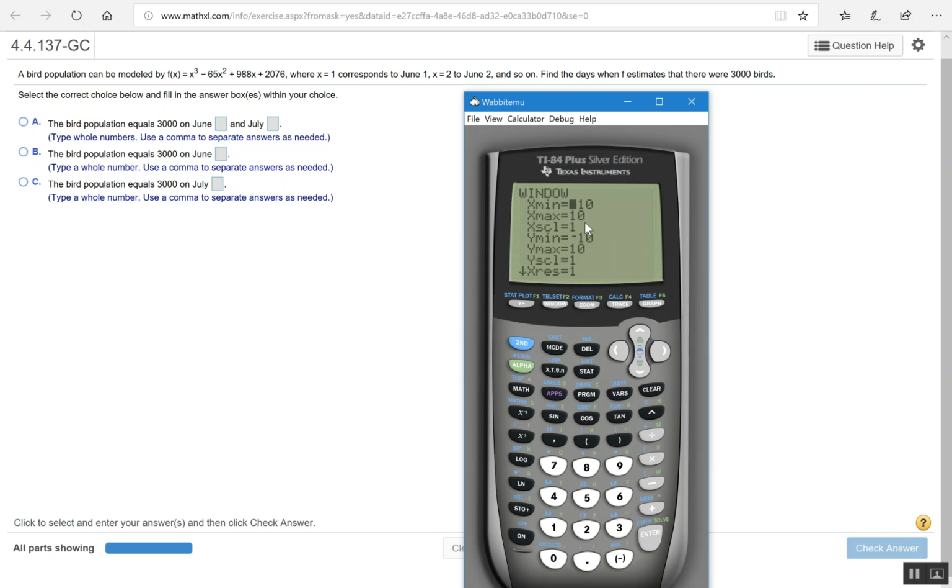For the window, I need to decide what x means. The input x means days since June 1. It doesn't make sense for days to be negative, so I need to start at a positive value, 0. Then, how long am I looking?